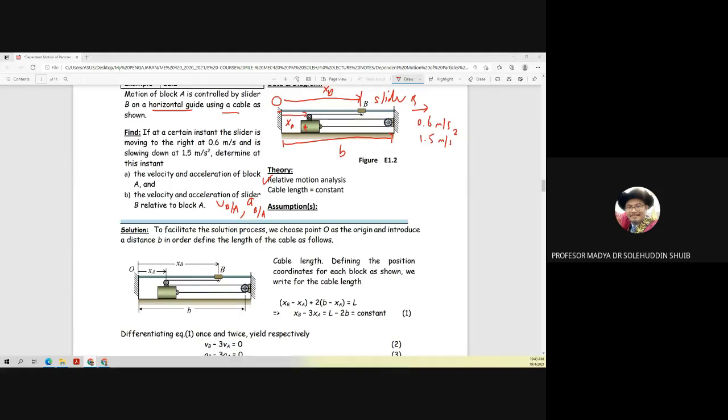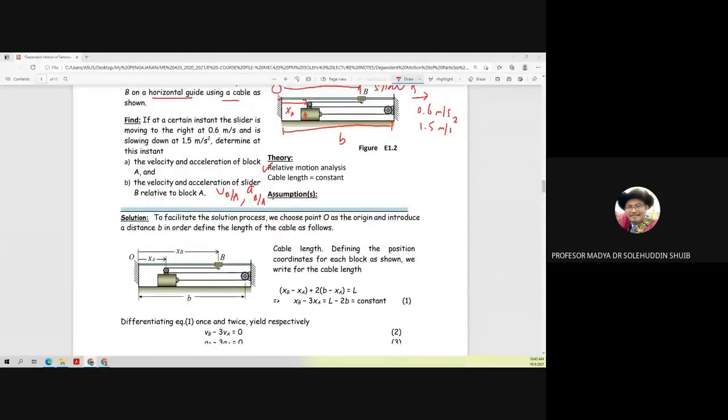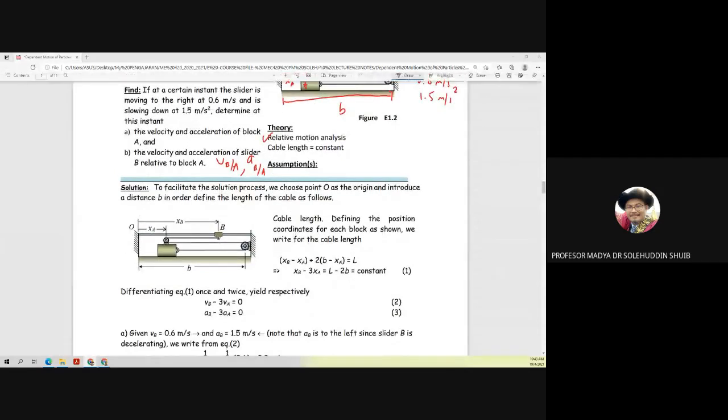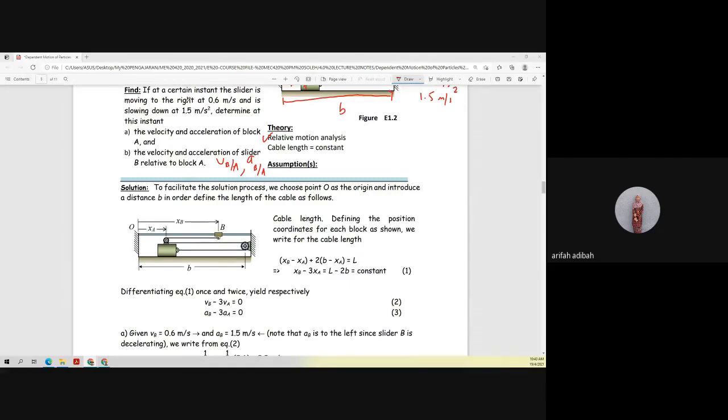Okay, you got it? Any question? Why 2b minus xa?